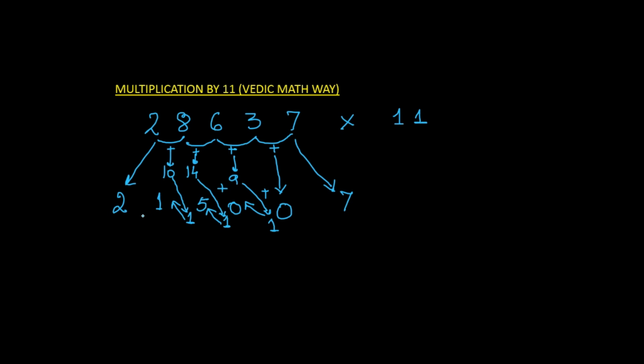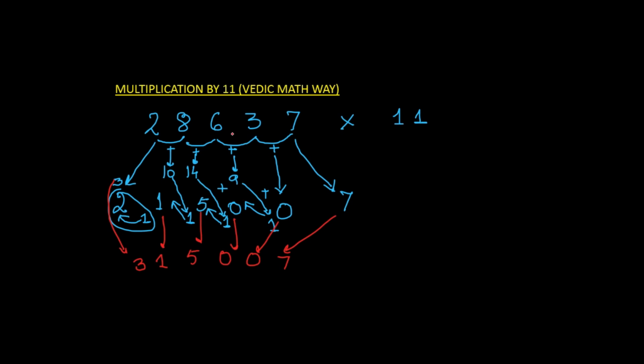So we write the 1 and keep 1 for the carry. Now we said that the first digit is 2. So this 1 will be added to 2 to give us a 3. So the result is 3, 1, 5, 0, 0, 7.